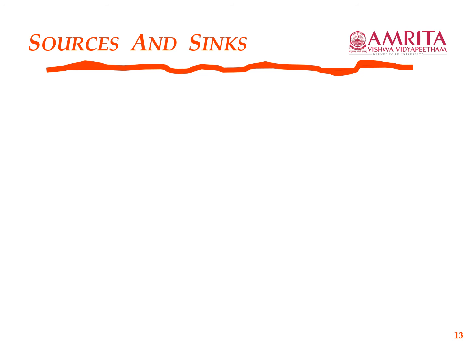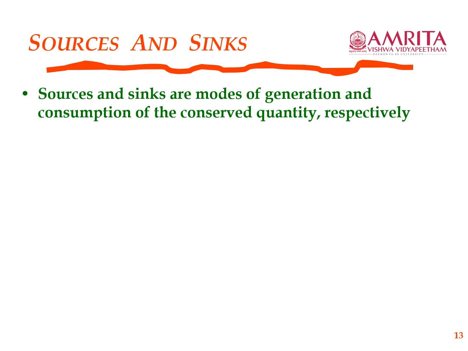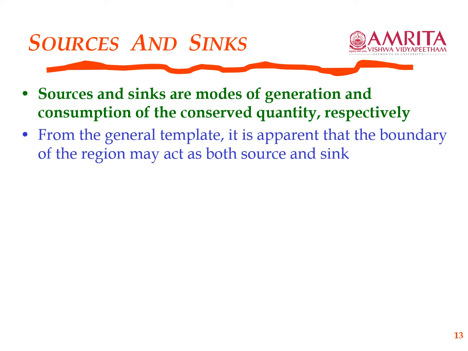Sources and sinks are the cause of what is called divergence in a system, which we will see in greater detail later on. Sources and sinks are modes of generation and consumption of a conserved quantity respectively. From the general template, it is apparent that the boundary of the region may act as both source and sink, so something coming in and something going out. The boundary is putting something into the system, or taking something out of the system.